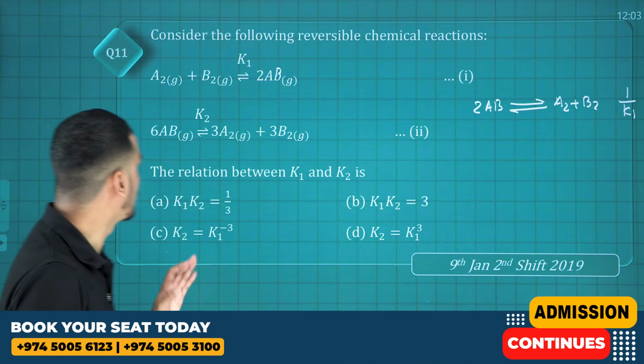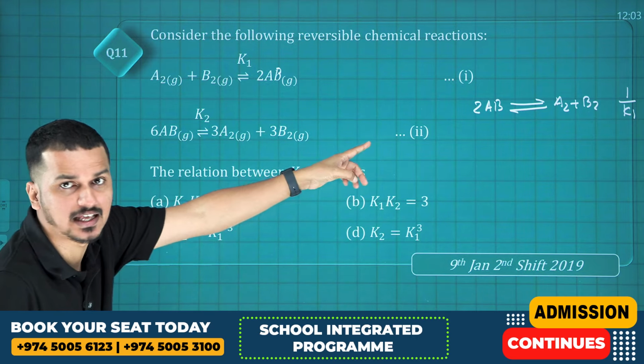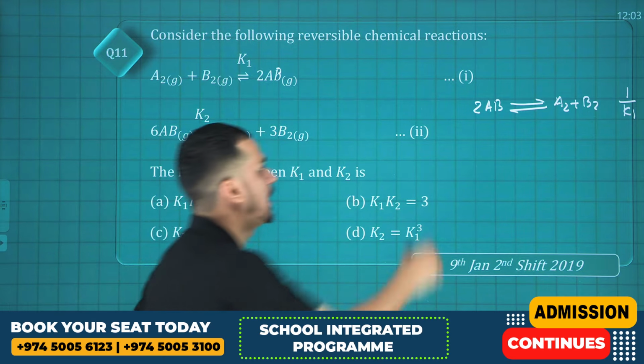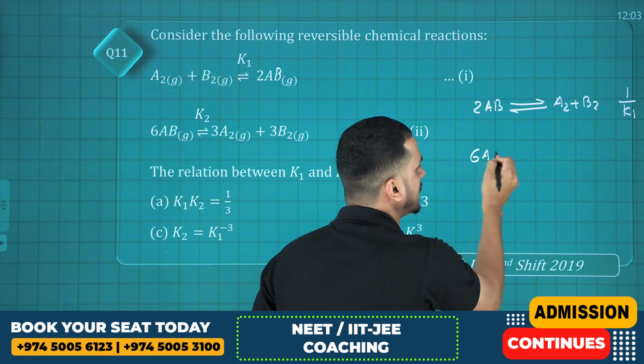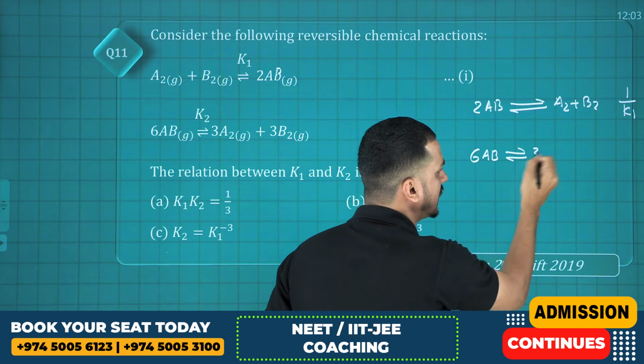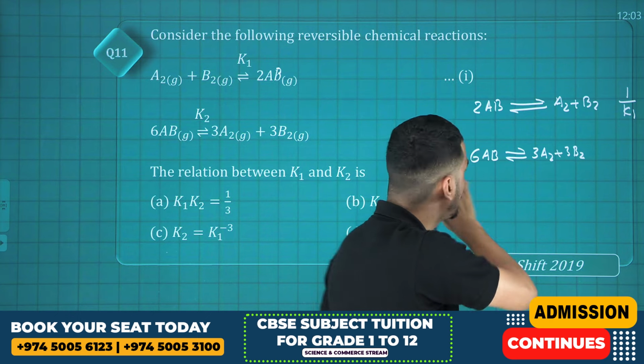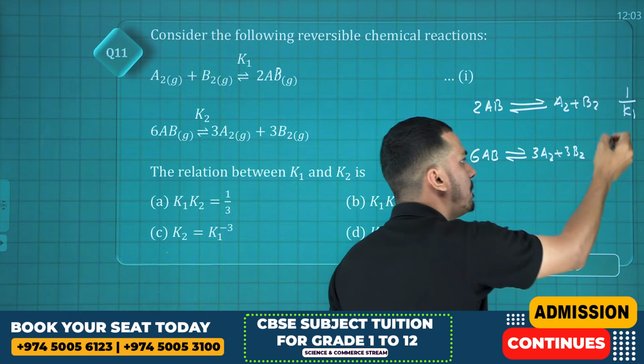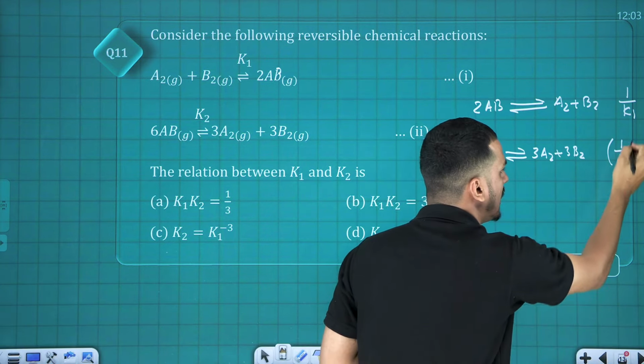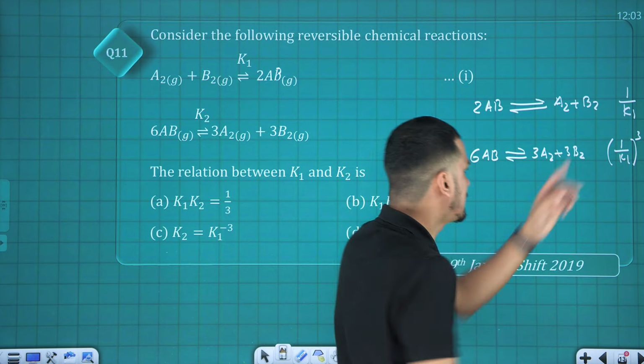Not over. To get this equation, I have to multiply that entire thing by 3. So if I multiply the entire thing by 3, it becomes 6AB reversibly gives 3A2 plus 3B2. Whenever you multiply by a number, the equilibrium constant is raised to that power. So 1 by K1 all cubed is equal to K2.